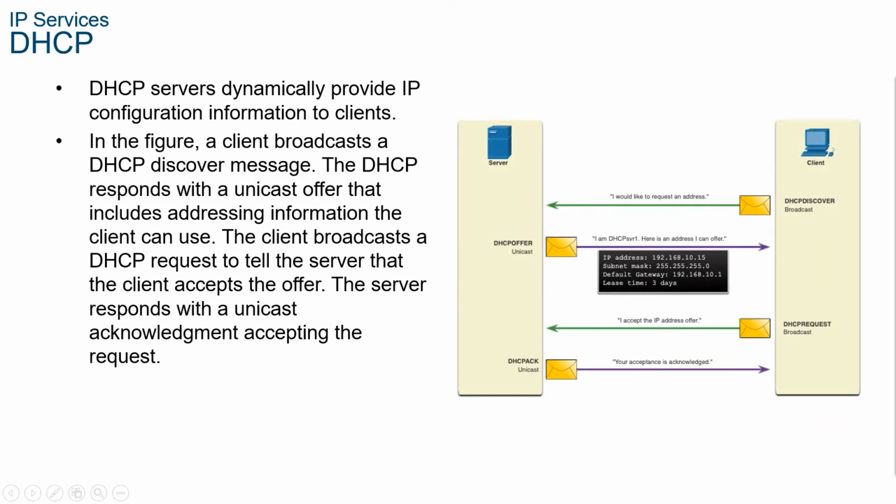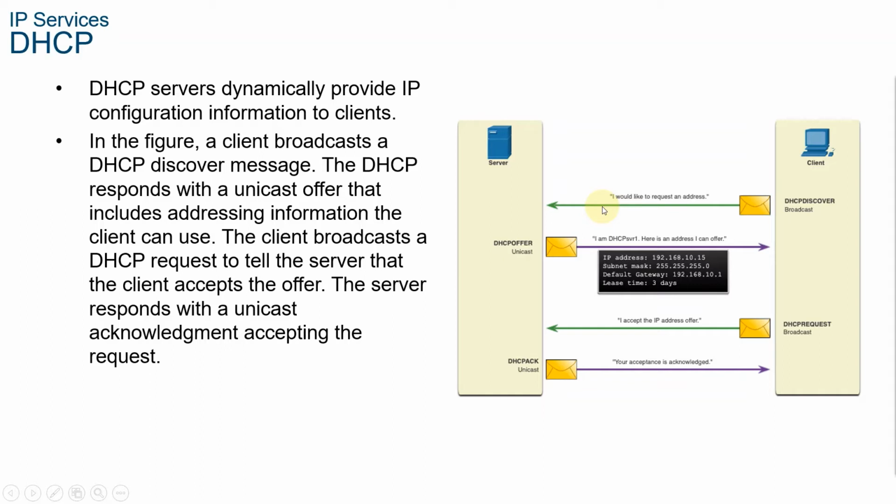Next IP service is DHCP, or the Dynamic Host Configuration Protocol. DHCP servers dynamically provide IP configuration information to clients. The figure here shows the typical sequence of DHCP message exchange between the client and the server. The client broadcasts a DHCP discover message.